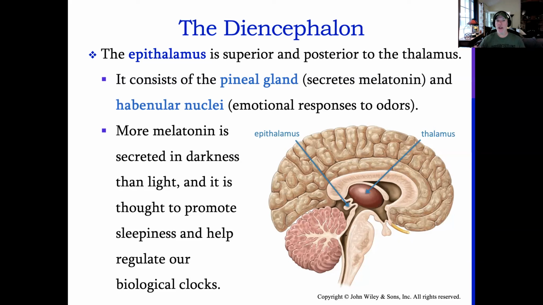Artificial light can also have an effect on melatonin production, which is why a lot of times they say that once it gets dark outside and you want to go to bed, you should start limiting your screen time. Stop sitting in front of the computer, stop playing on your phone, stop playing on your iPad, turn the TV off, because all of that artificial light is continuing to mess with our melatonin levels, which is going to keep us awake for a longer period of time.